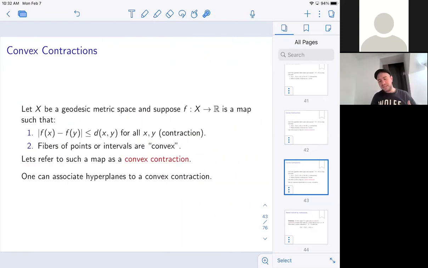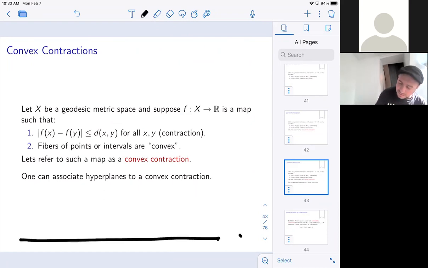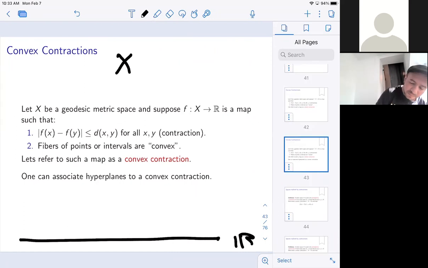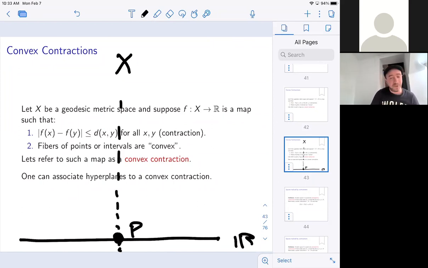Now, something that's immediate from this definition is that anytime you have something of that form, you have a map that goes from X to R. It's a contraction, so it's continuous or coarsely continuous. We don't care, but you have a map that goes to R, and fibers are convex. So there is something that you can do. You can take a point and take the pre-image of it, and this defines a hyperplane.